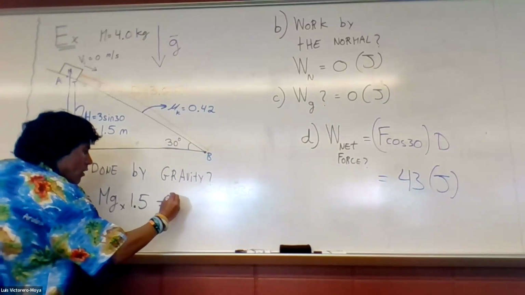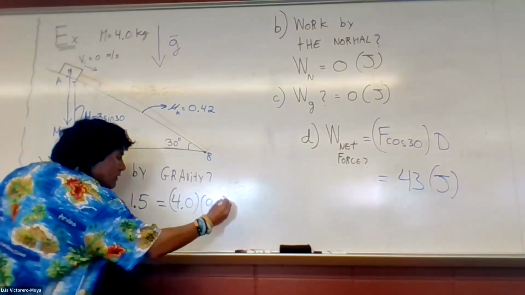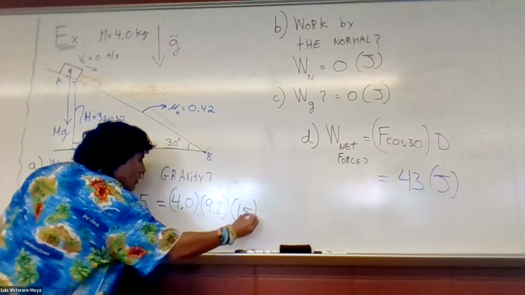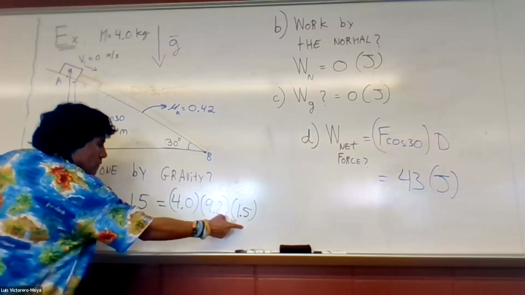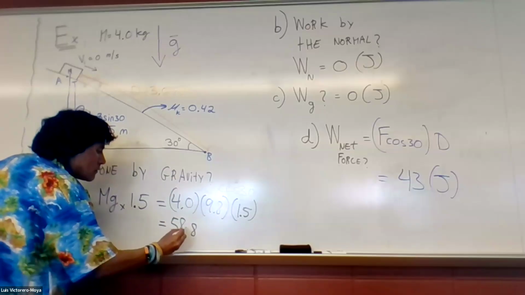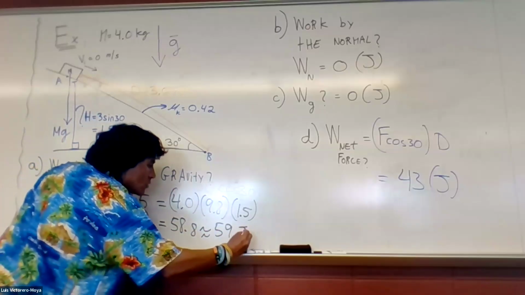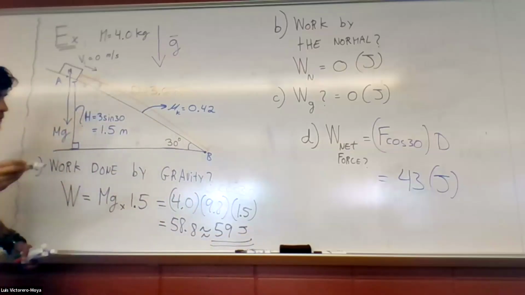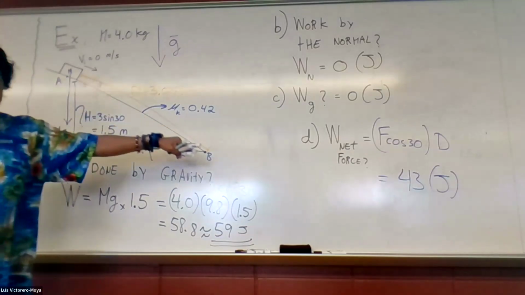So this will be 4 times 9.8 times 1.5, which is 58.8, approximately 59 joules. There you are. That's what you can think about. That's how I learned it.